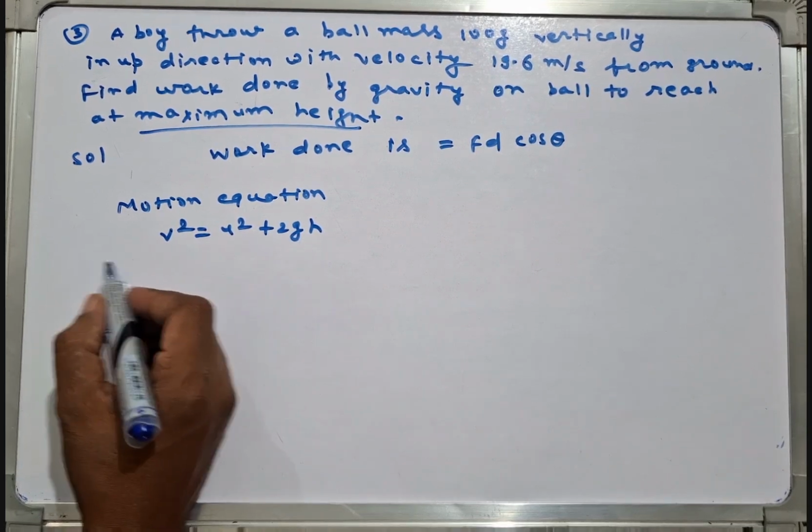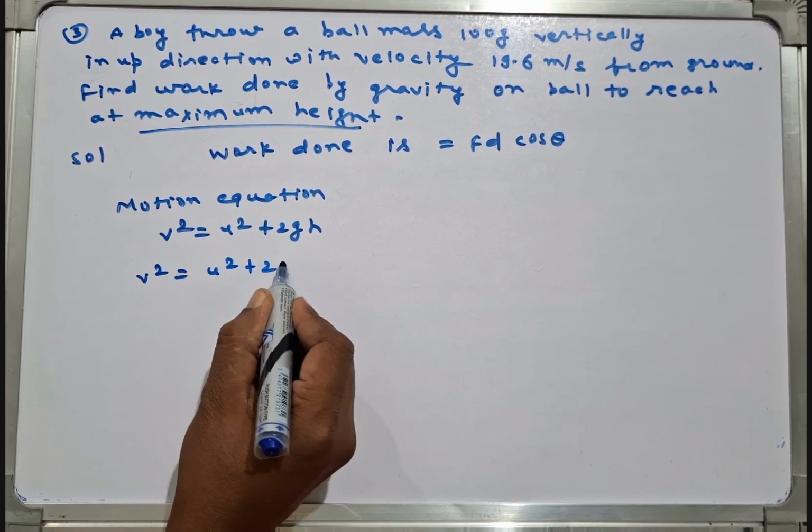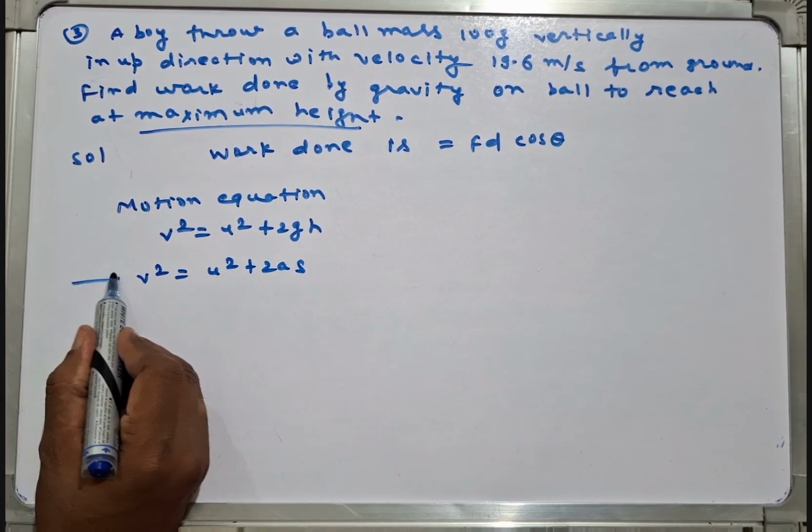Here also you can say v square equal to u square plus 2as.